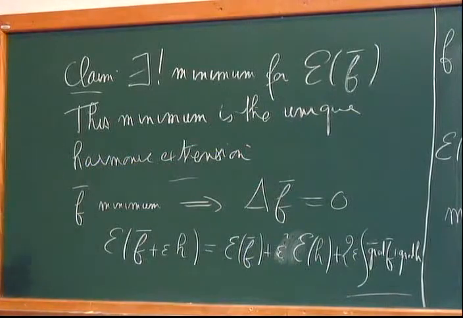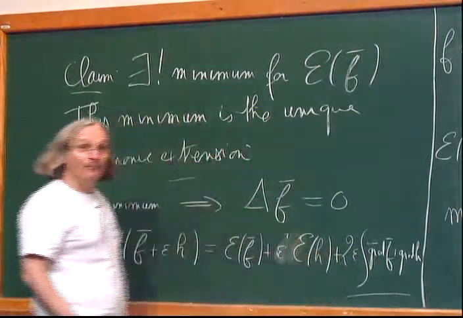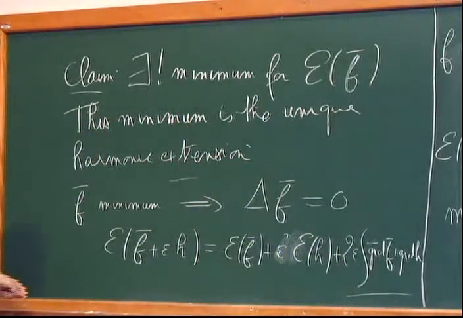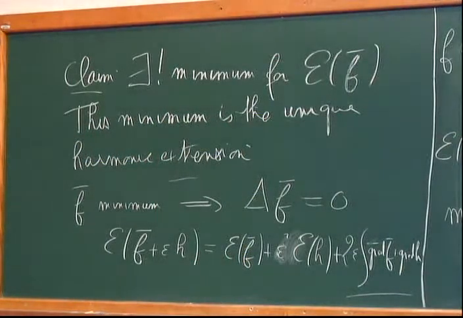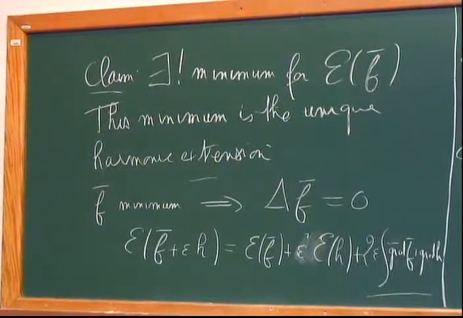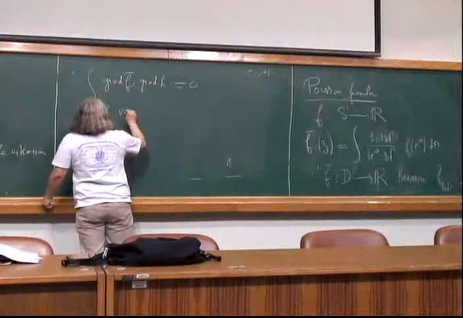A polynomial of second degree that has a minimum at 0 should have no linear term. So you get from this, if you have a minimum, that the integral of gradient f bar gradient h is 0 for every h vanishing on the boundary.